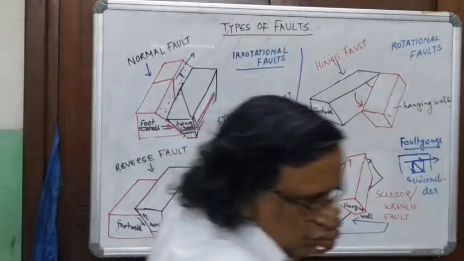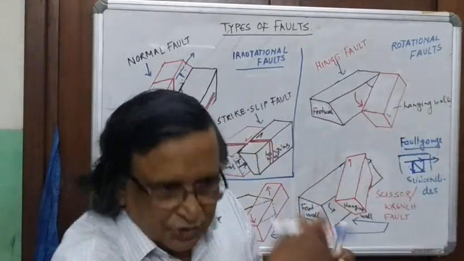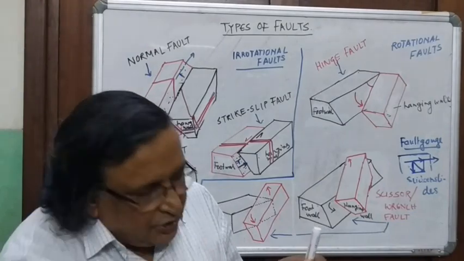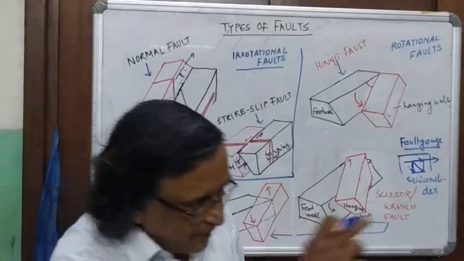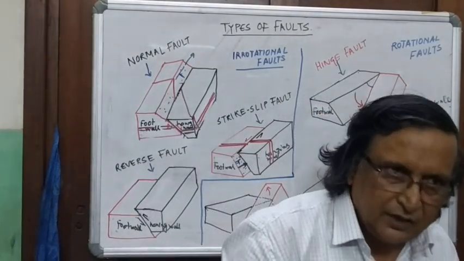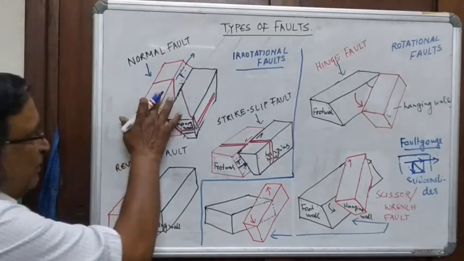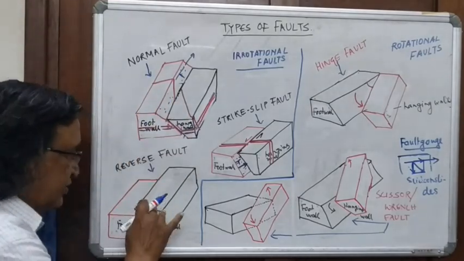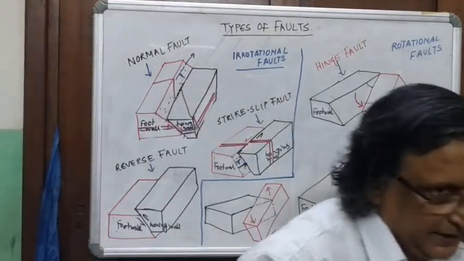If you know the total amount of slip, you can resolve it parallel to and perpendicular to the strike, so you can find out the amount of slip on the dip and the strike. You can do both. So this is what is a normal fault, and this is a reverse fault, where the hanging wall moves up relative to the fault plane.